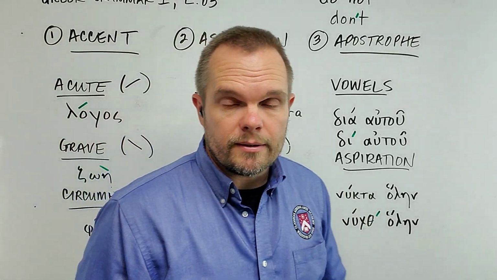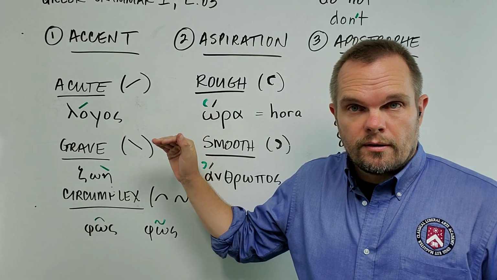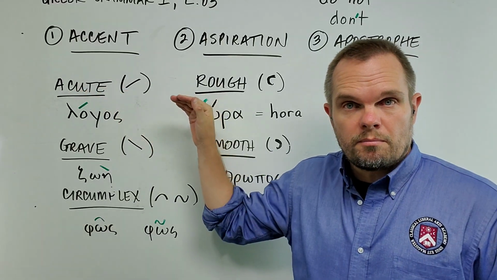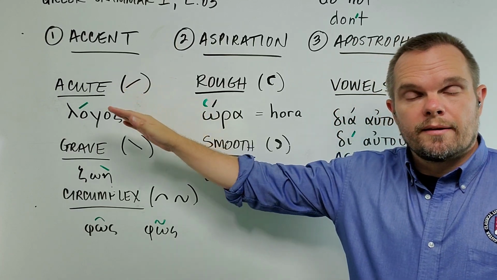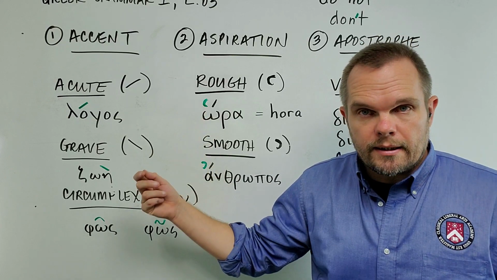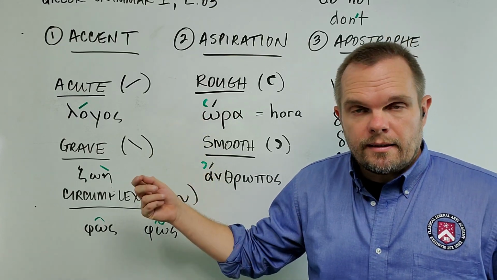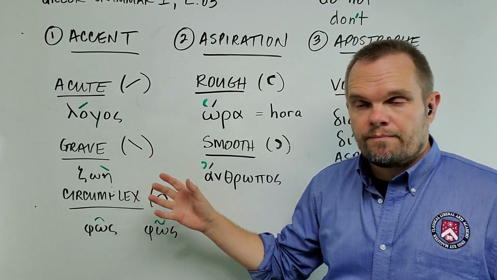And we talked about this in the last lesson when we looked at the different mutes. We looked at the simple mutes, pi, kappa, and tau, and then we looked at the aspirated mutes, which were phi, chi, and theta, right? Remember that lesson?